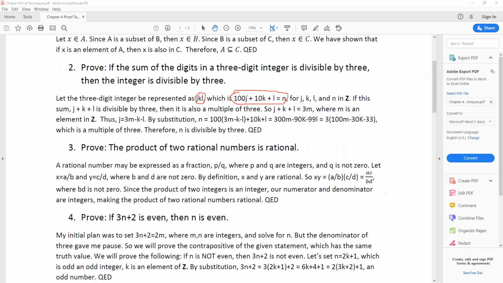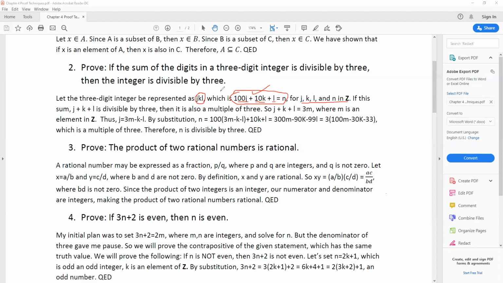And again, all we did was just expand it to get this form here. For example, if JKL happened to be 360, that would be equivalent to saying 100 times 3 plus 10 times 6 plus 0. And of course, JKL and N are all inside of the set of integers, Z.